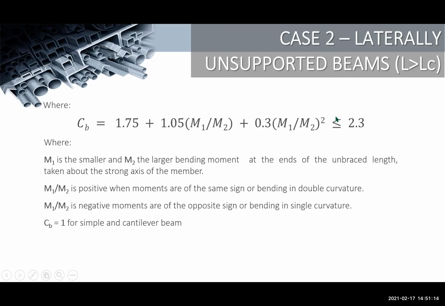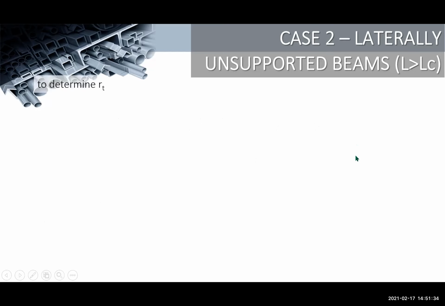Okay, so, may mga conditions tayong ganyan lagi. So, if simply supported or cantilever beam without a moment naman na given dun sa problem, we will just use 1. And then, the answer of CB, if in case na may moment, should not be greater than 2.3.